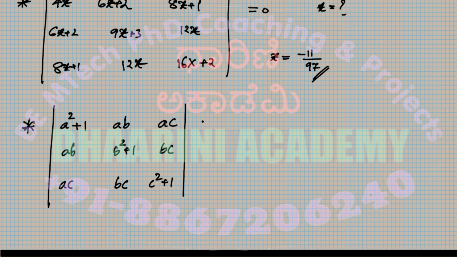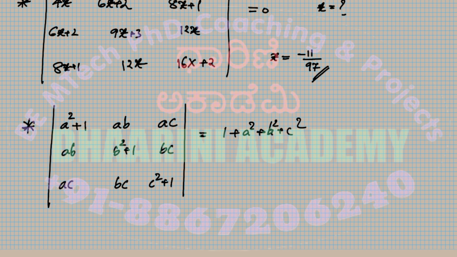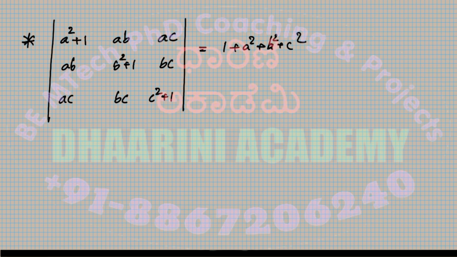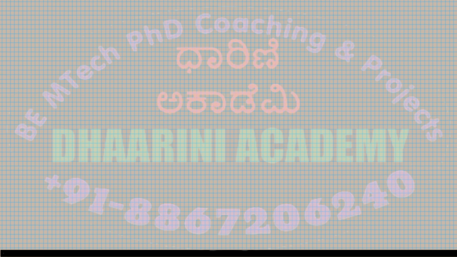Show that the determinant is equal to 1 plus a square plus b square plus c square. Let's move to the next question.